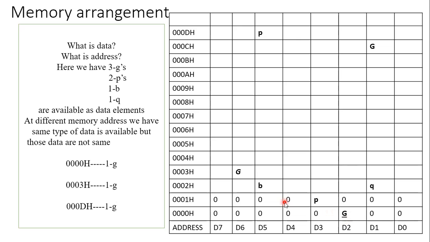Similarly, when we convert this example to data and address, whatever information exists in these cells is called data. And what is address? The memory location or address at which the data is residing is called address. So what is a data bus?